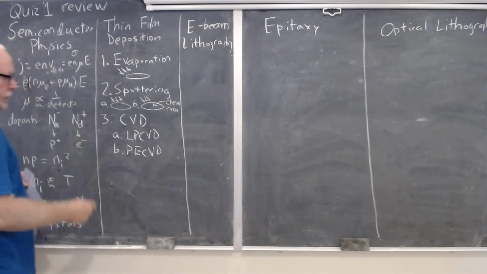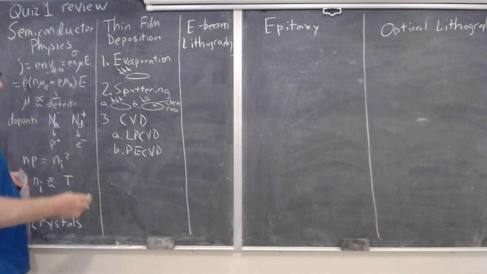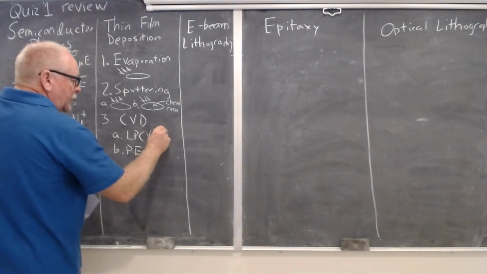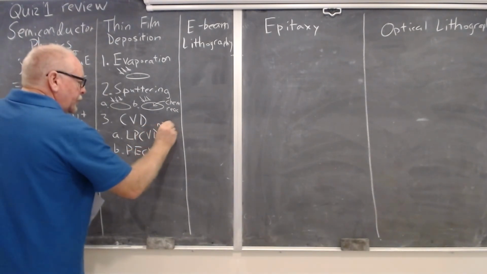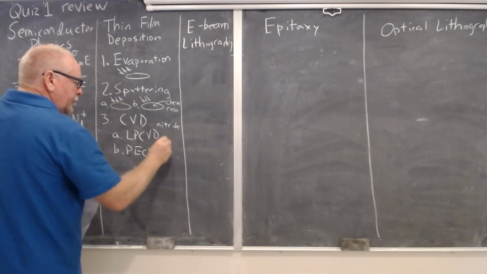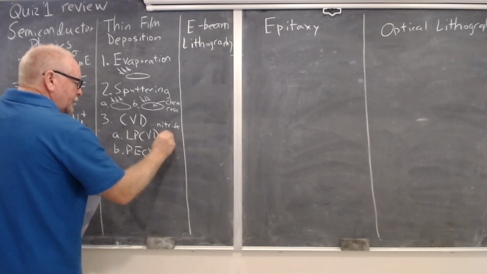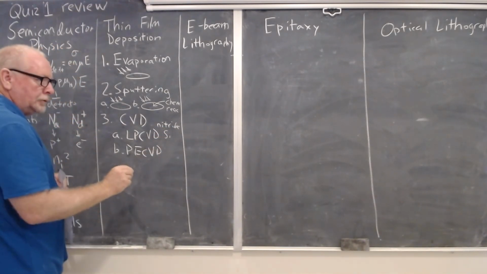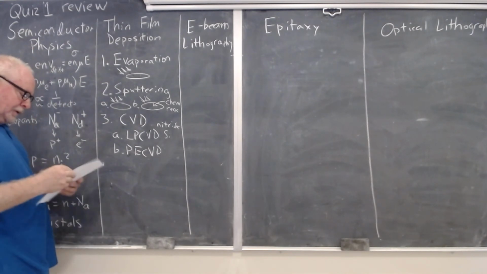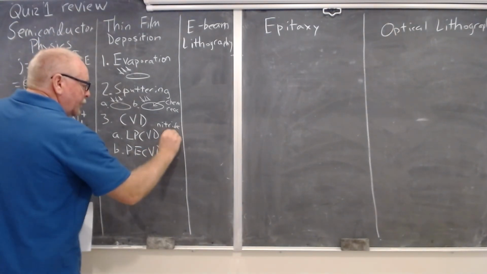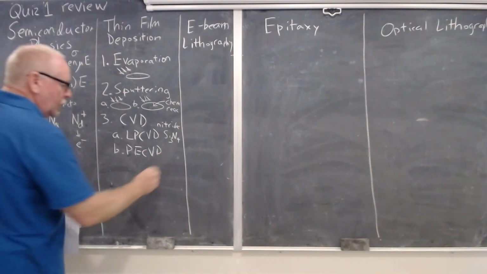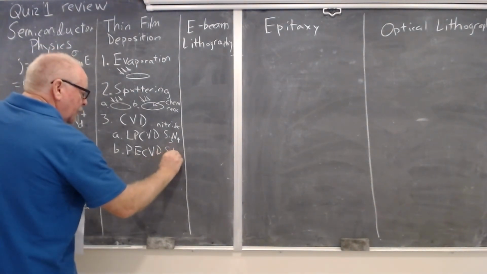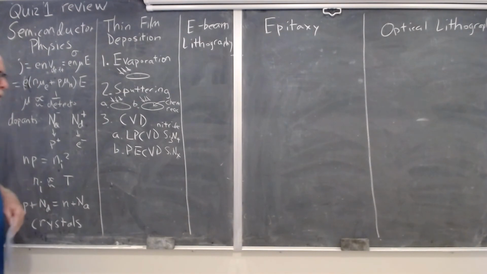And of these two main techniques, this one here is what's called stoichiometric. The important thing to realize is that for nitride, this one gives you Si, I forget the number, is it 3, 4? Whatever stoichiometric is, whereas with this one you can vary the ratio.